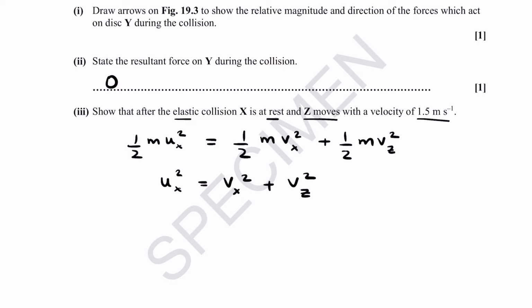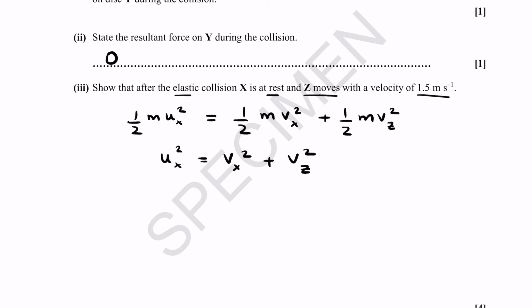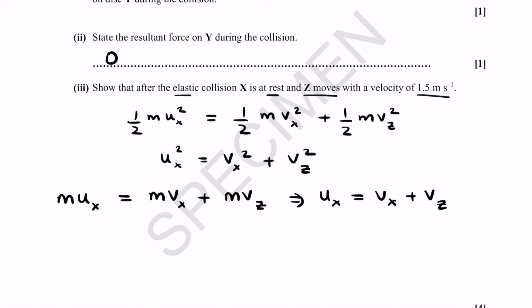Similarly, the momentum is conserved as well. The initial momentum is that due to disk X, which equals the final momentum of disk X and Z, which is m times Vx plus m times Vz. Again, it simplifies to Ux being equal to Vx plus Vz.